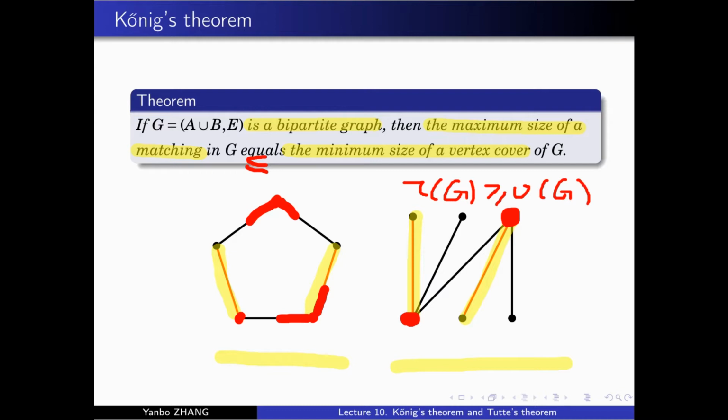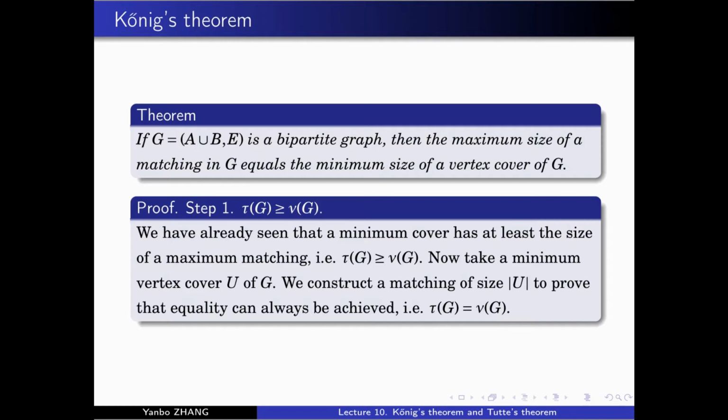That is, every edge has at least 1 endpoint in the vertex cover. So we have tau G greater than or equal to nu G. This is the first step of the proof.